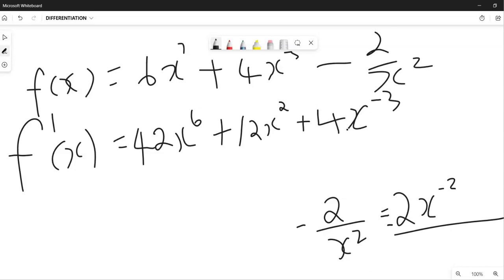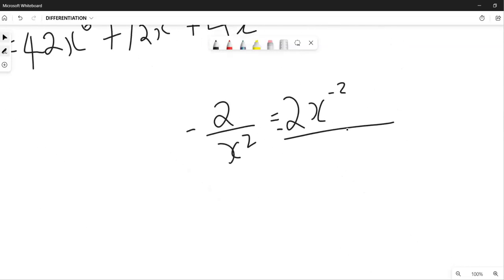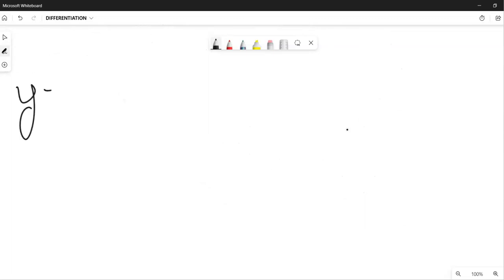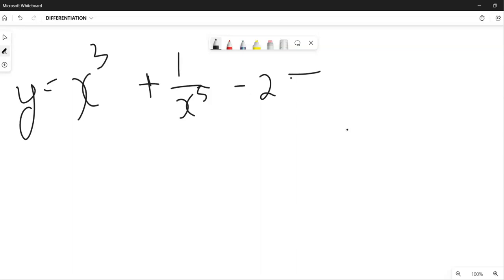Alright, so that's it for sum and difference. I'm going to do one more. Let's say that y is equal to x cubed plus 1 over x to the 5th power minus 2 root x. So you want to express everything as a power.